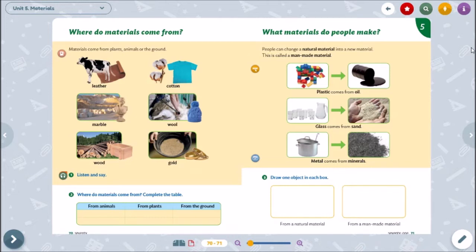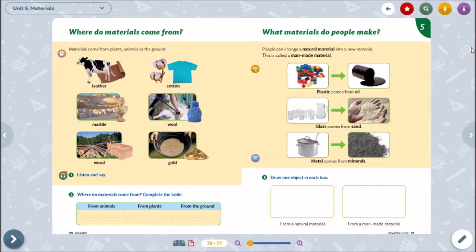So some of our materials come from animals like leather and wool. Some come from plants like cotton and wood, and some come from the ground like marble and gold. So they don't all come from the same place. But then there are some materials that we can even make.